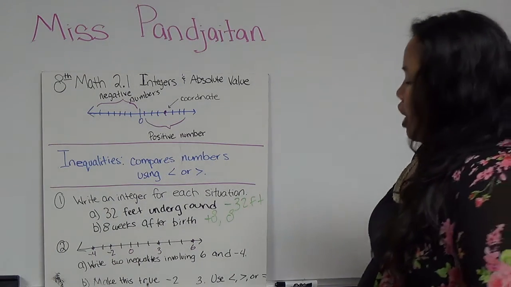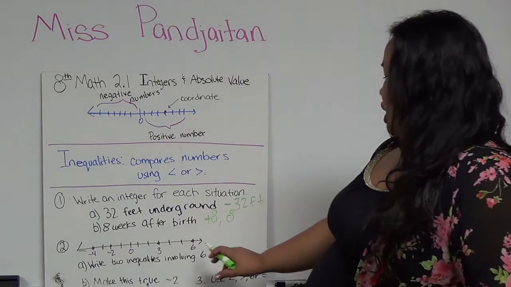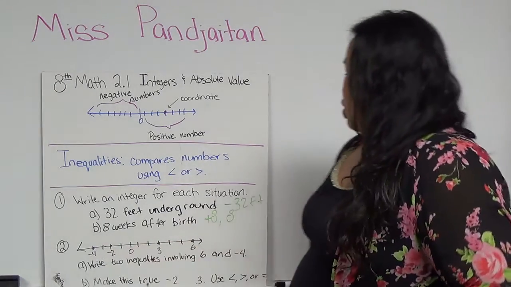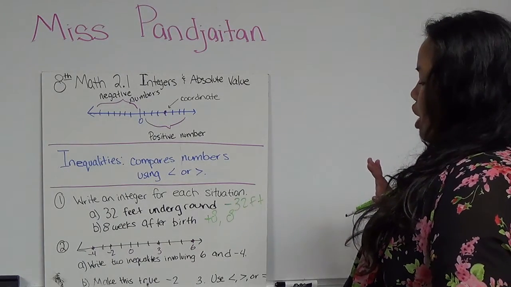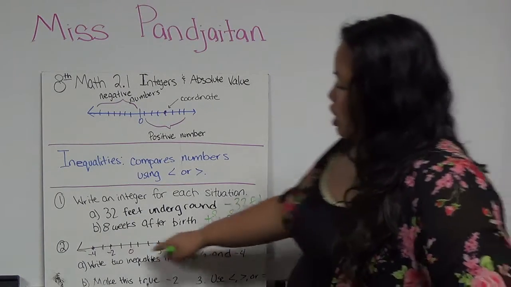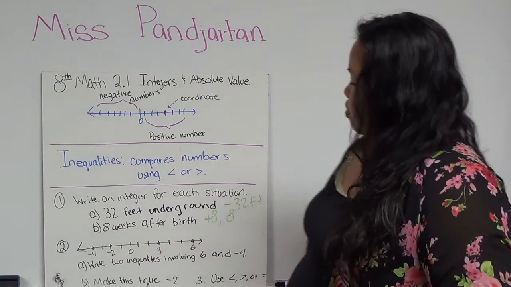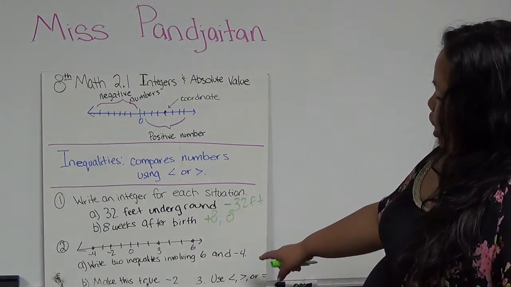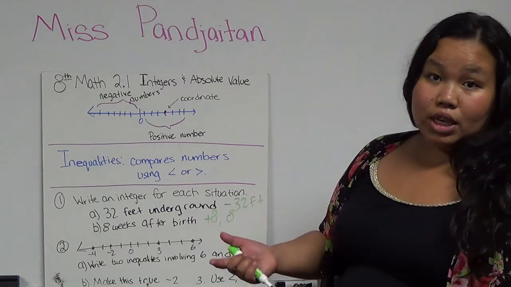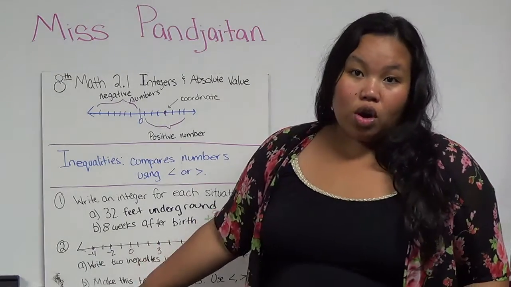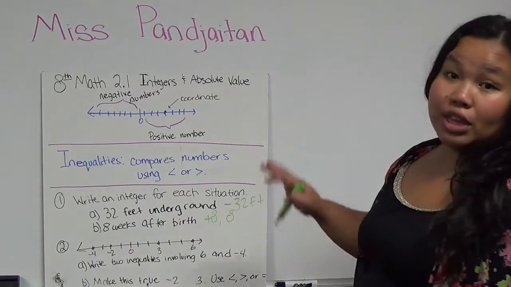Now, if we write two inequalities involving 6 and negative 4: since 6 is further right on the coordinate line, we can say that 6 is bigger than negative 4. Or we can say the opposite: negative 4 is smaller than 6.